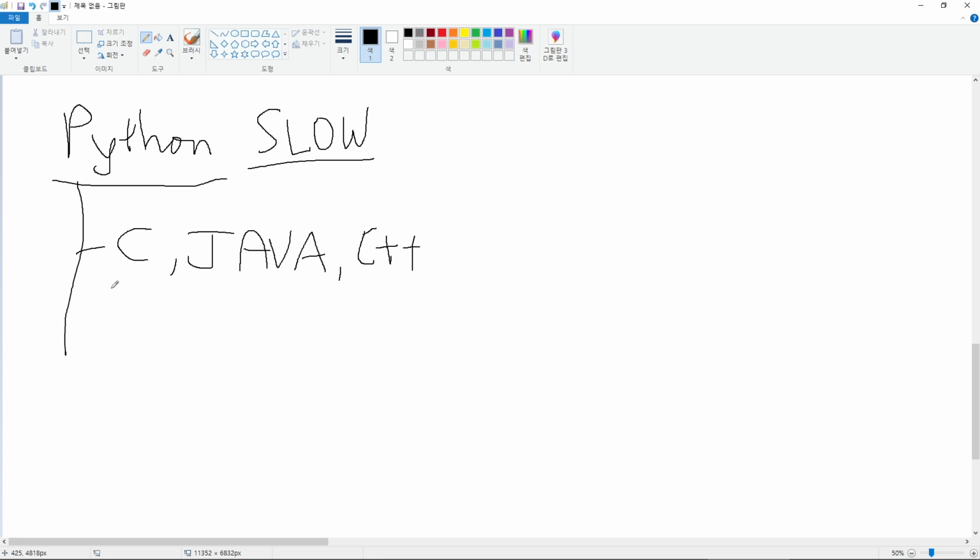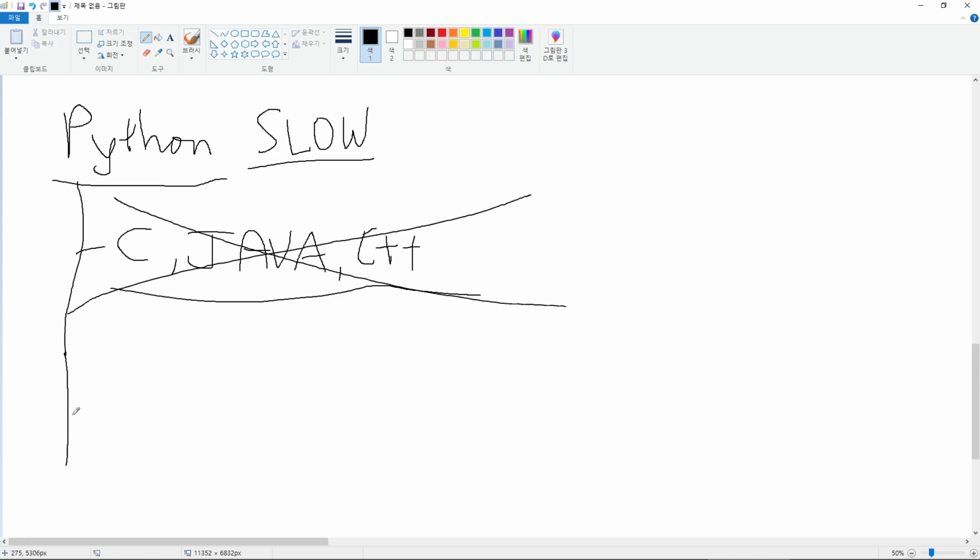But there's a huge downside here, which is that I don't know these languages. So it's not likely that I'll be using these in the foreseeable future.